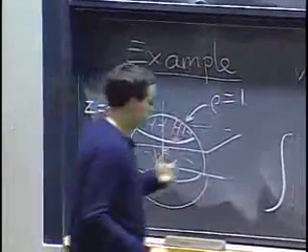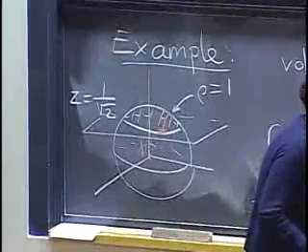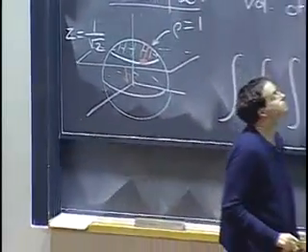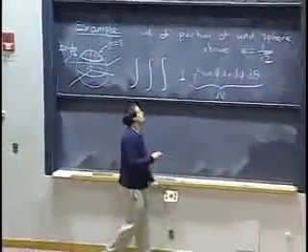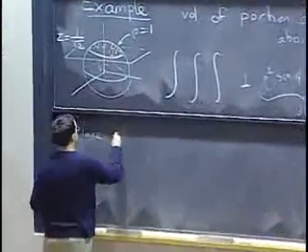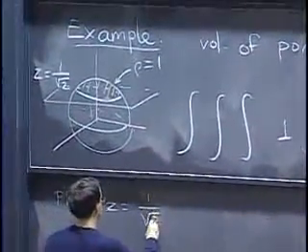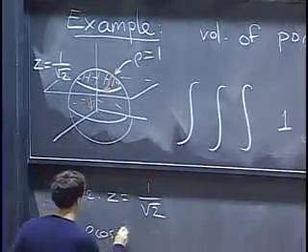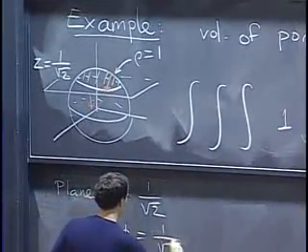Well, remember, z is rho cosine phi. So the plane is z equals 1 over root 2. That means rho cosine phi is 1 over root 2.